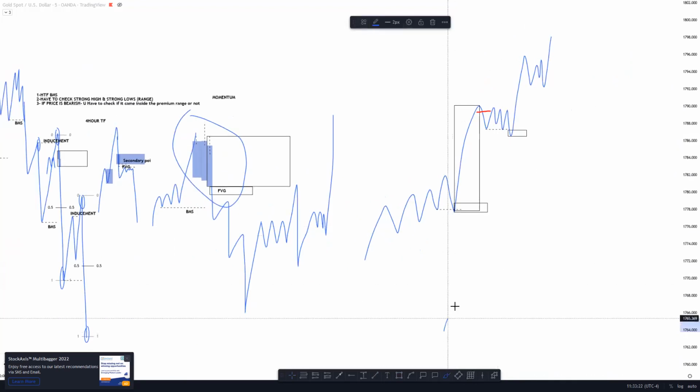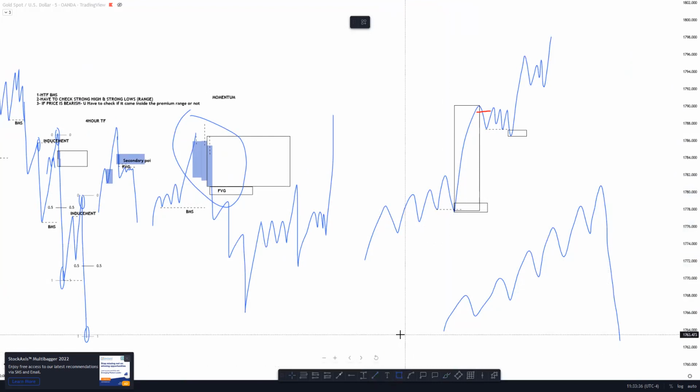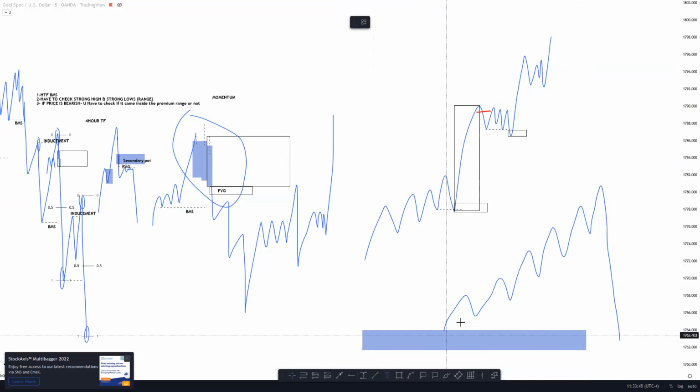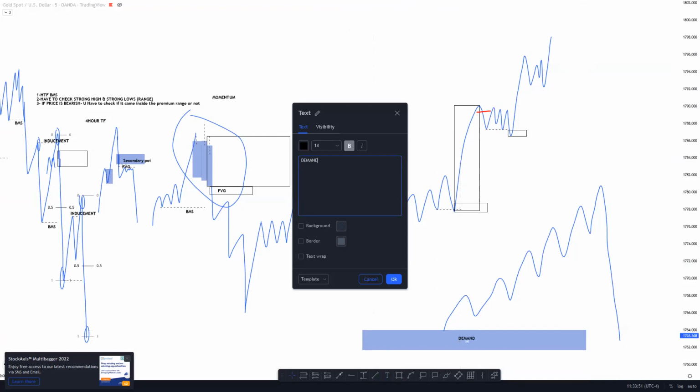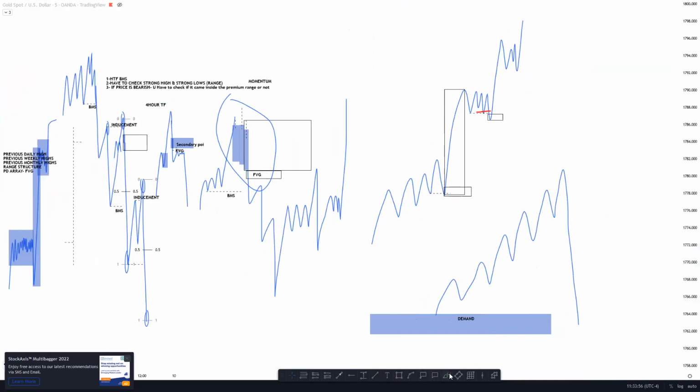And if price is making higher high, higher low, higher high, higher low, and so on, and then a lower low again, and even if there is a strong supply demand zone, a strong demand zone here, what would you do?